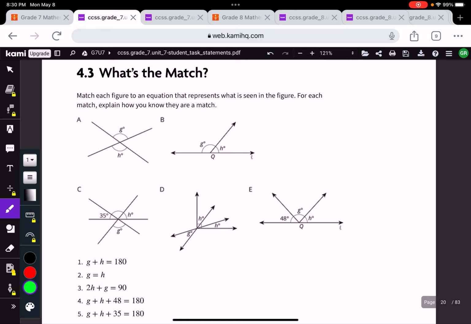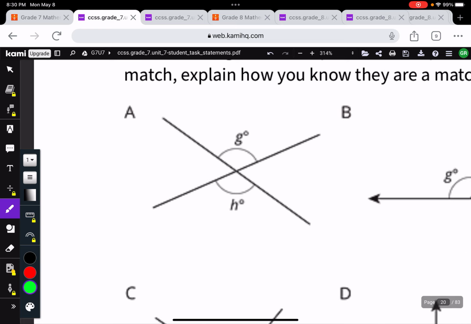So for A, I'm looking at that. The only thing I can see is those are vertical angles. There's no other information. I know that G and H are what we call vertical, or opposite angles. So let's go ahead and say, well, I just know that these are equal.